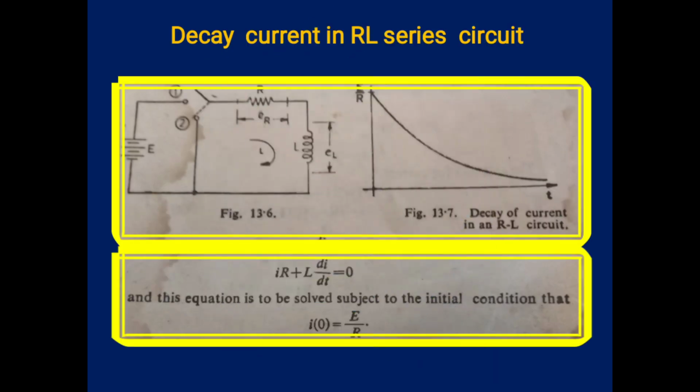So the exponential decay is given by this equation. The decay current I of t is given by this equation. By substituting various values for t, you get the decay current as in this graph. Here, if we take capital T as L by R, to make t as 1, then I of T will be given by E by R into e power minus 1.